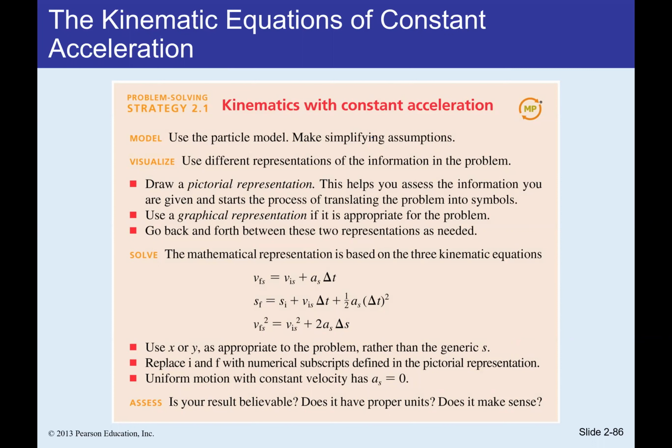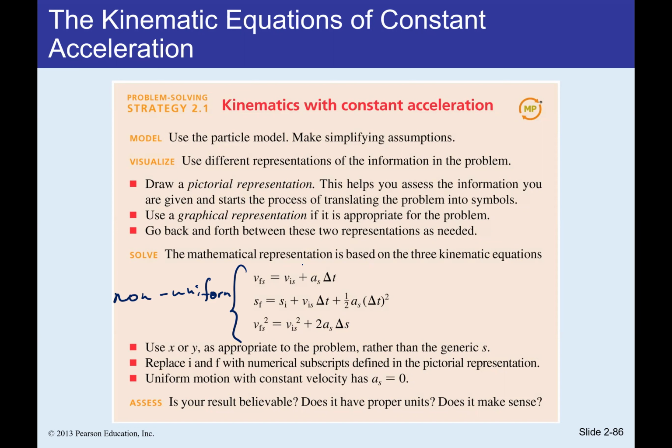We can use pictures, diagrams, and graphs to understand and describe the motion. And then we have those kinematic equations that we can use, assuming the acceleration is constant, even for non-uniform motion. Now, imagine if you look at these equations.